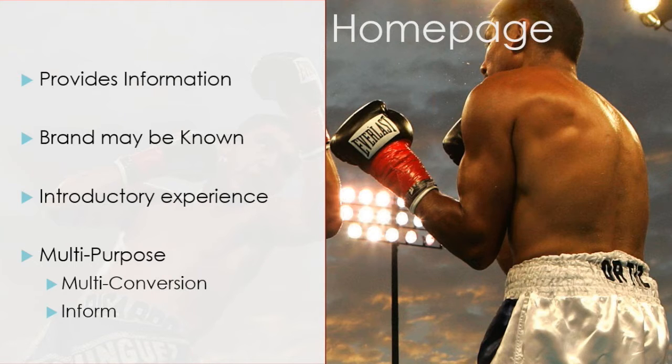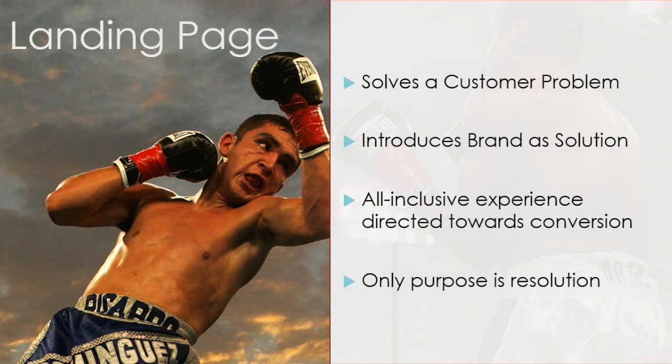The homepage provides different paths for different users to take throughout your website. So it's not one purpose, one conversion. It provides different paths to multiple different conversions for different users. It's there to inform you rather than to just strictly do business.